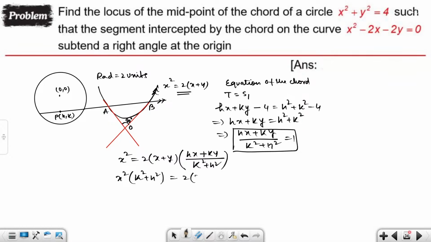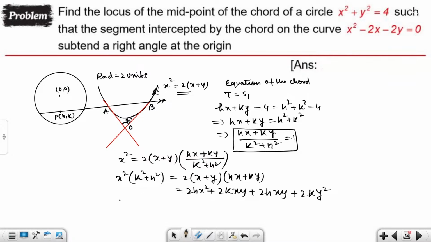Equals 2 times (x plus y) times (hx plus ky). So if I multiply this, we are going to have 2hx square plus 2kxy plus 2hxy plus 2ky square. Am I correct?